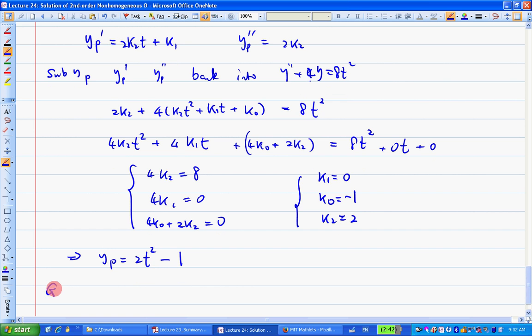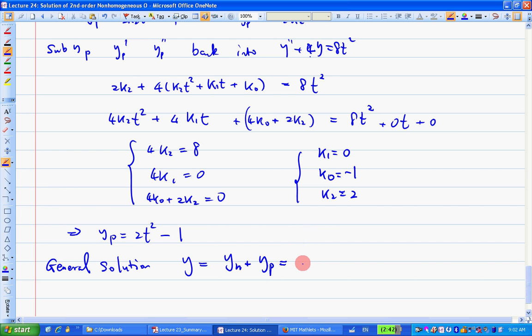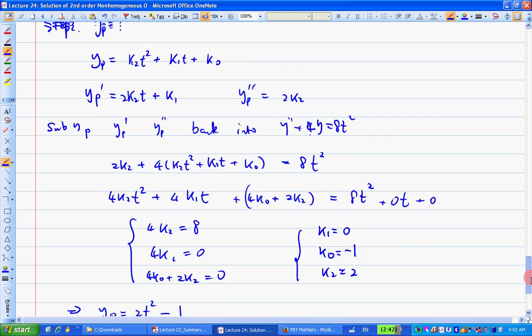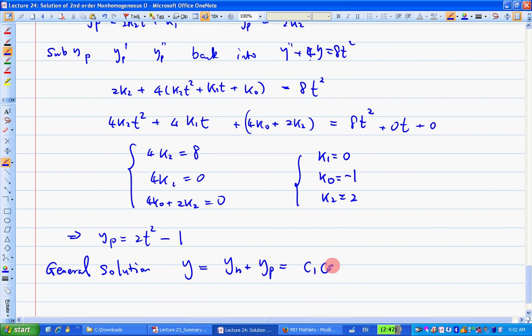Then the general solution is y equals yh plus yp, and that equals c1, what was it again? c1 cosine 2t plus c2 sine 2t plus 2t squared minus 1, right? Okay, so that's the solution here.